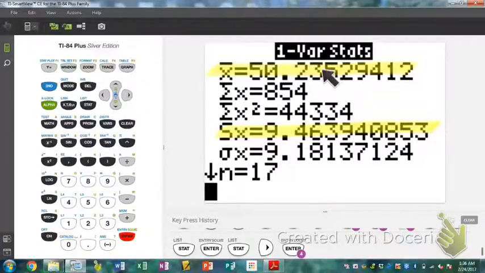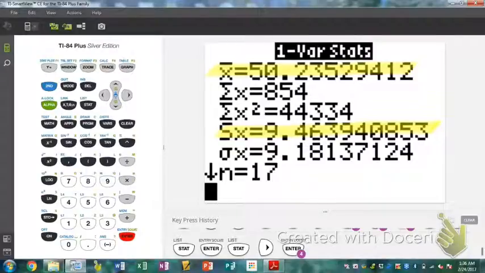That 5 tells me that I need to round that up to a 4. So 50.24 for that mean there. And for standard deviation, I need 2 digits, 4, 6. I look at the 3, that 3 tells me that 6 stays the same, so my standard deviation would be 9.46.